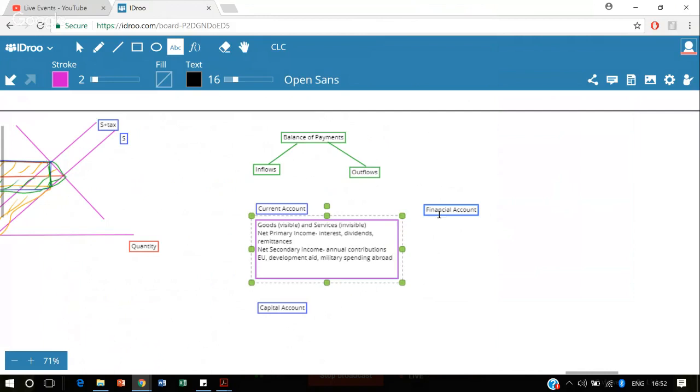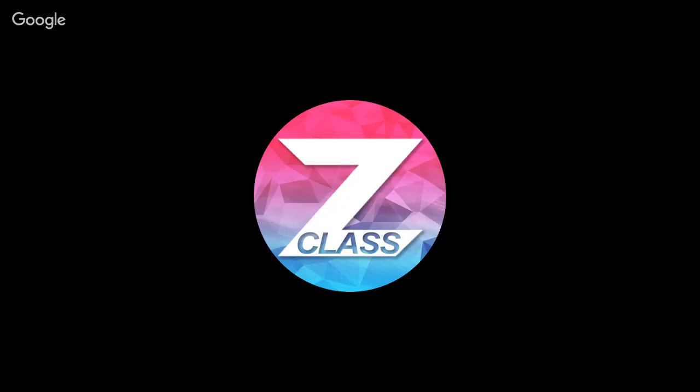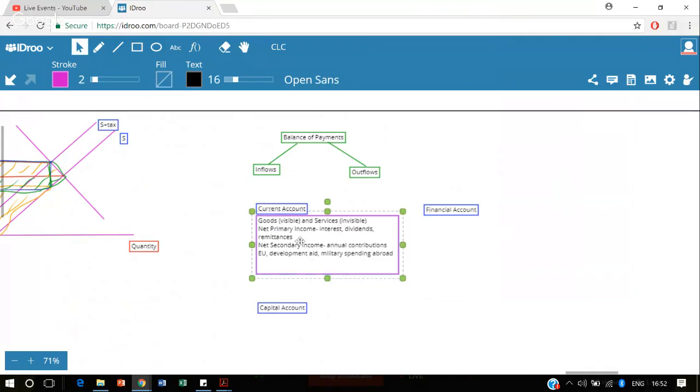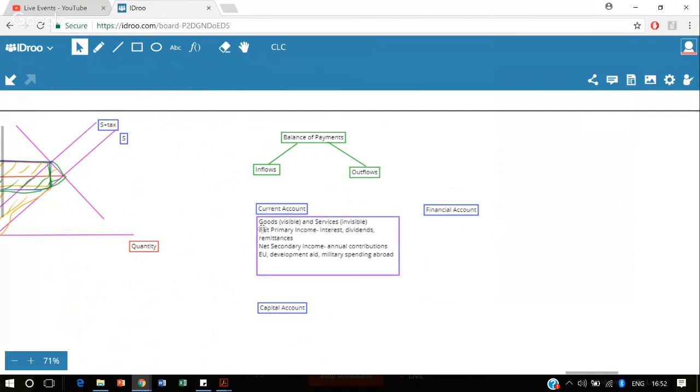And because it's contributions to the EU budget, a lot of them will get spent in the UK as well. I guess it's a bit like a transfer. Yeah, you can call it a transfer if you like, but if you stick with the terms the examiners use, net secondary income, then you're certainly going to be sure that it's correct.